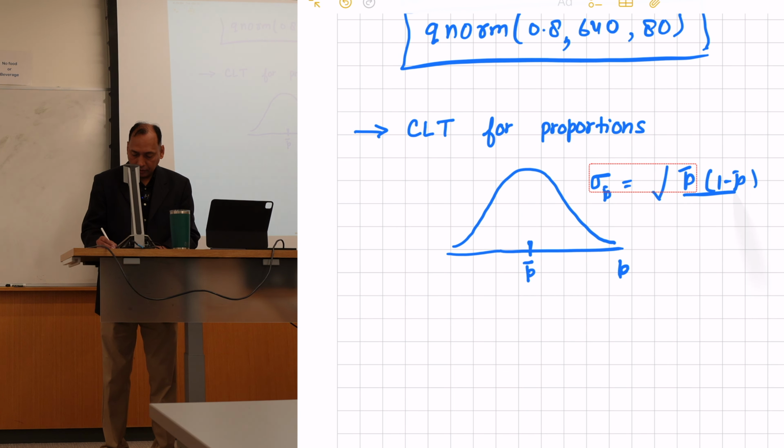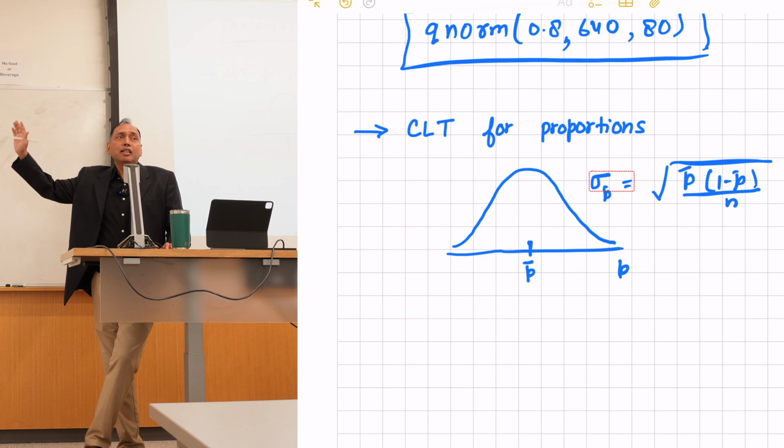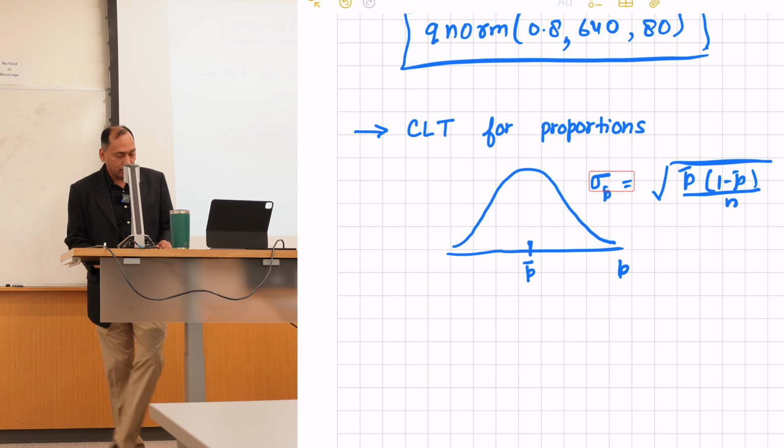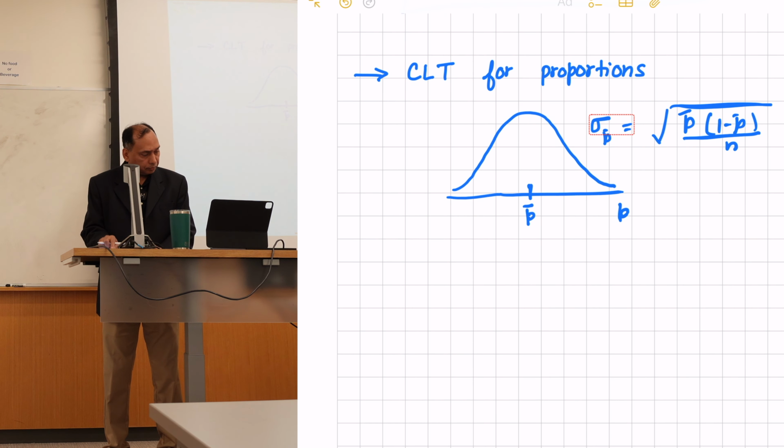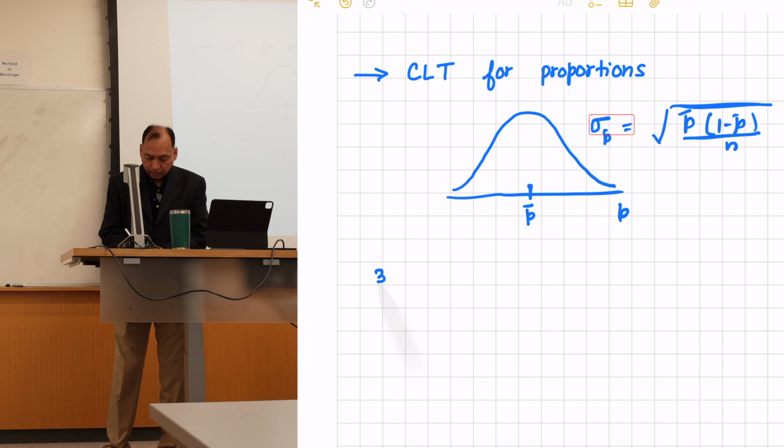So it's only a matter of converting and getting averages and standard deviation, and then we can use normal distribution for proportions. So let's look at number 33.